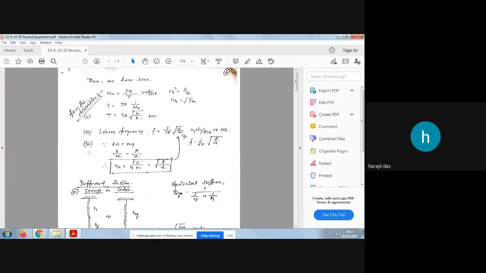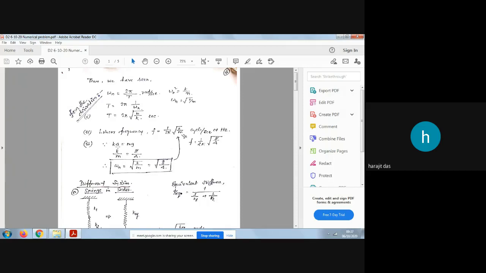Now one very important thing which all of you have come across, that is k delta equals mg, in the static equilibrium condition. If you remember the earlier diagram, when you added the mass in position 1, the k delta, which is the static deflection.